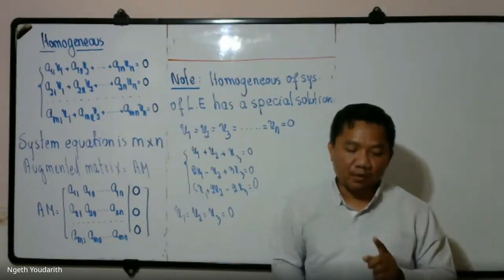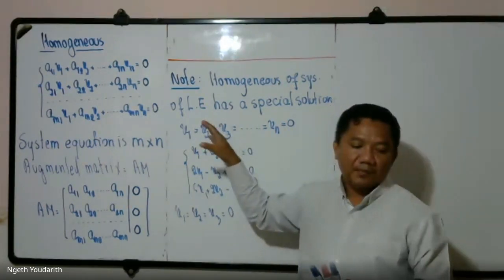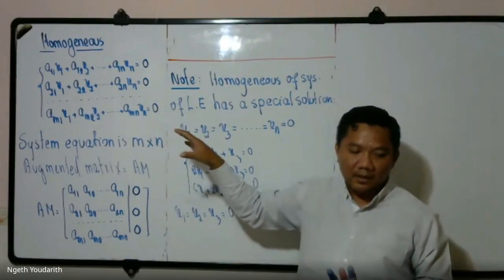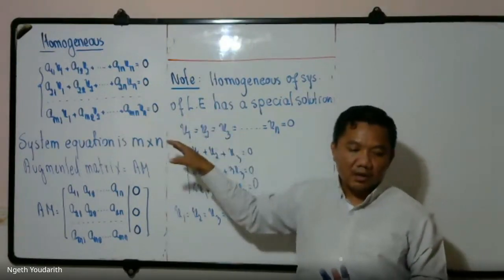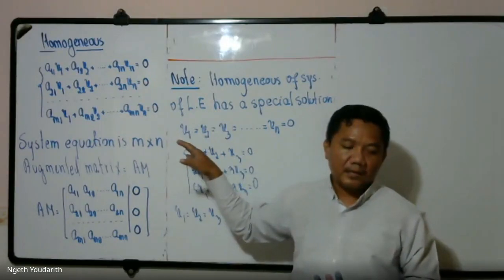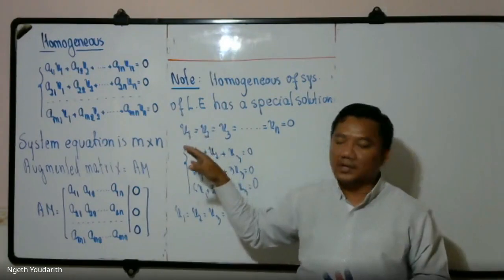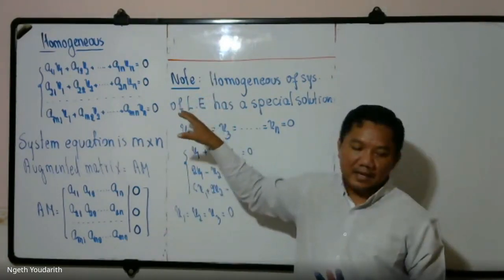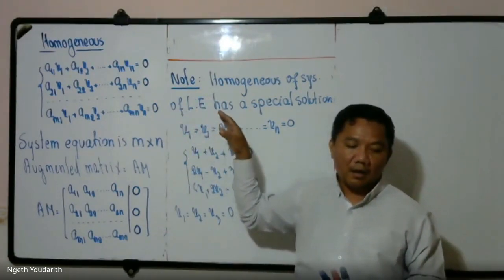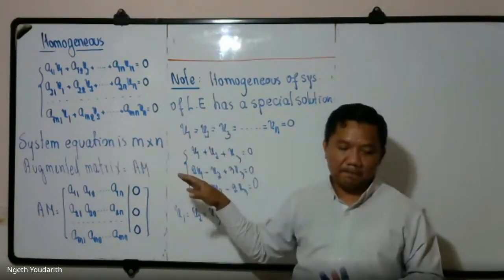Please remember this point. A system of linear equations can have no solution, one solution, or more than one solution. But a homogeneous system of linear equations has at least one solution.